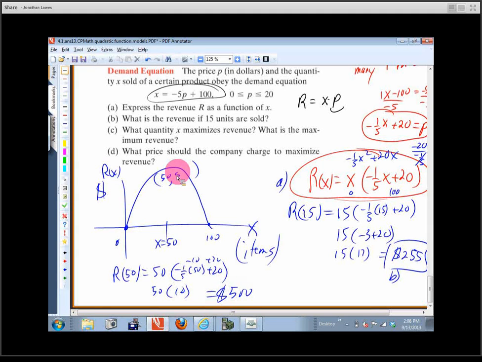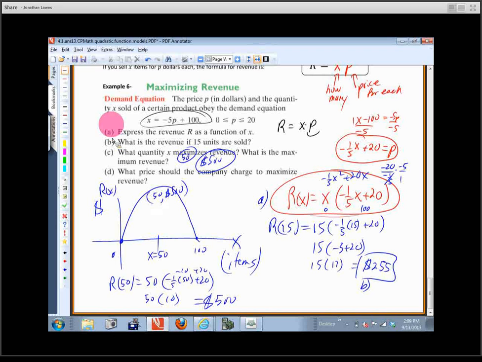And that's in dollars. So if you sell 50 of these items, you're going to bring in $500 in revenue. So what quantity x maximizes the revenue? 50. What is the maximum revenue? $500.